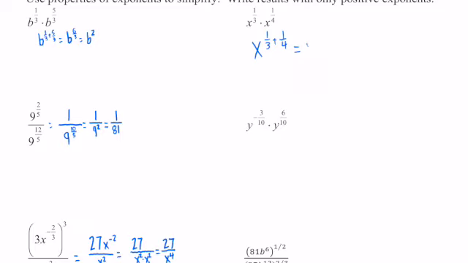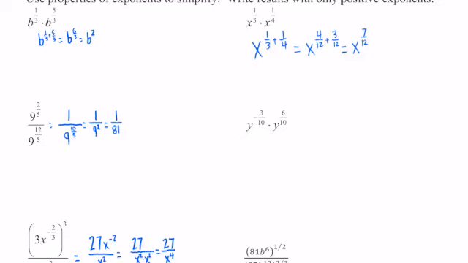We multiply the top and bottom of 1/3 by 4, making that 4/12. Multiply the top and bottom of 1/4 by 3, we would have 3/12. 4/12 plus 3/12 is 7/12. So our answer here is x raised to the 7/12.